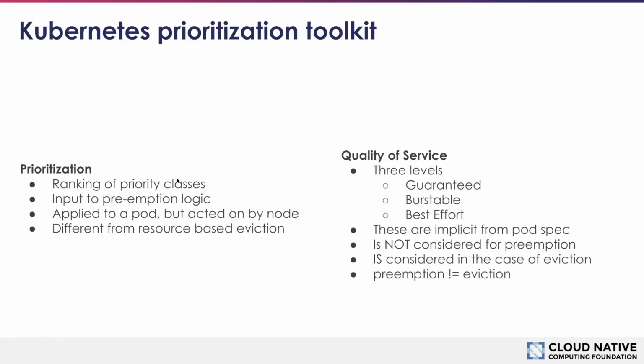If only some of the containers have the limit, then the pods are considered burstable. And in the default case, if we don't have any limits, any requirements set for the containers, then the workload is considered to be best effort.